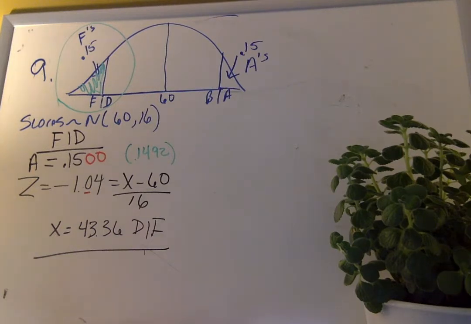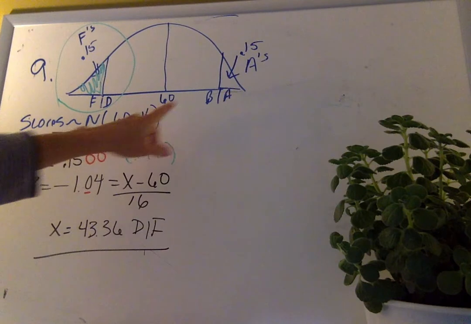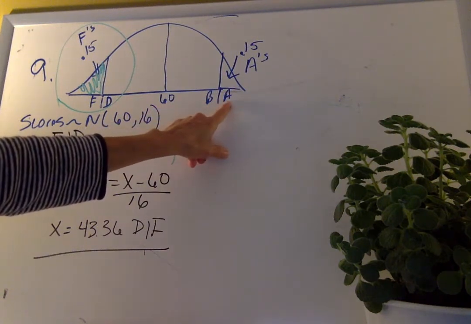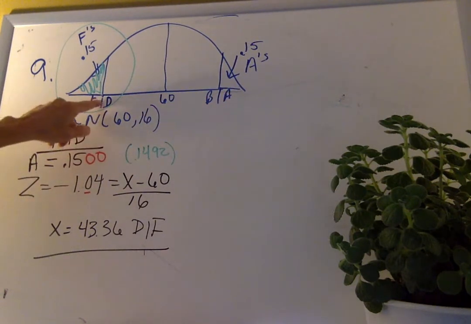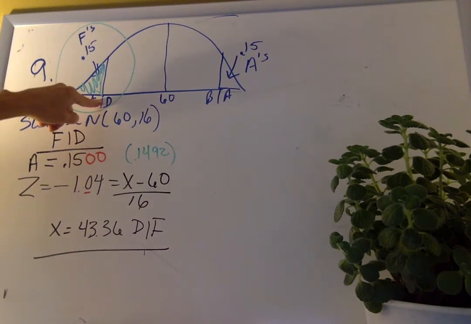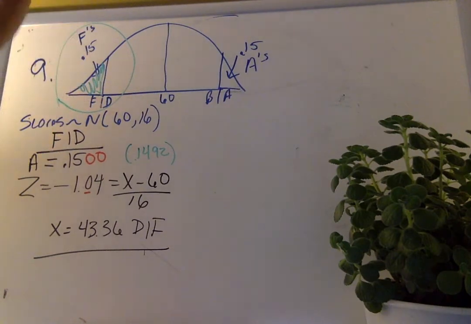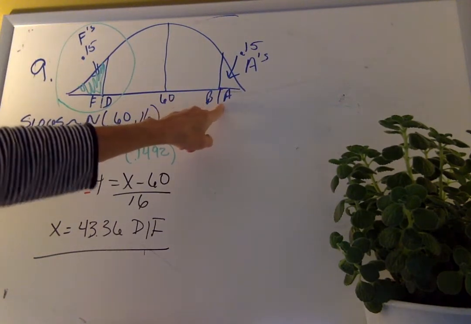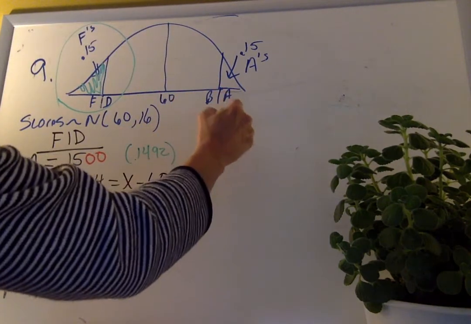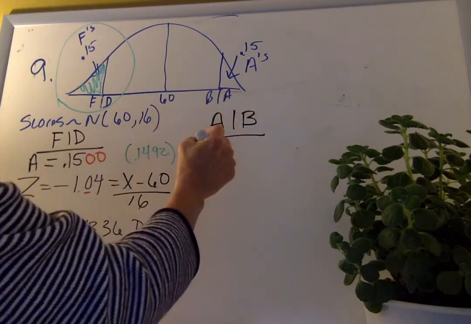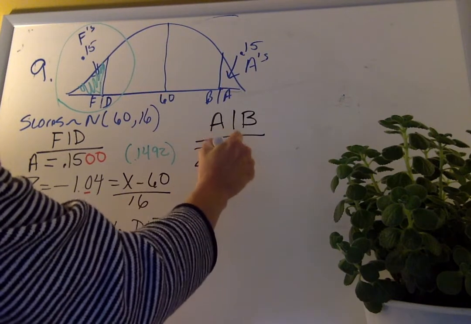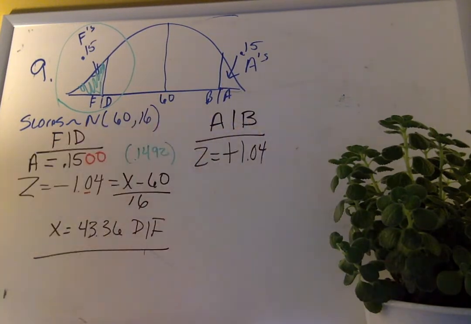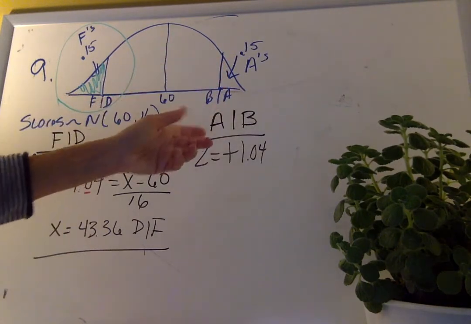But we get to cheat because there's symmetry here, right? So I knew that this line was negative 1.04. Then I automatically know this line has a z-score of positive 1.04. I know that from symmetry. If I just lost you there, you can do it the long way.